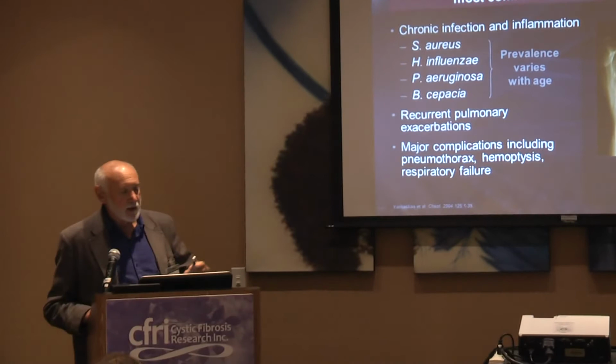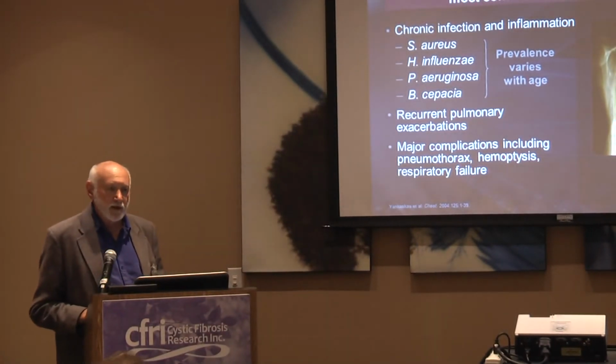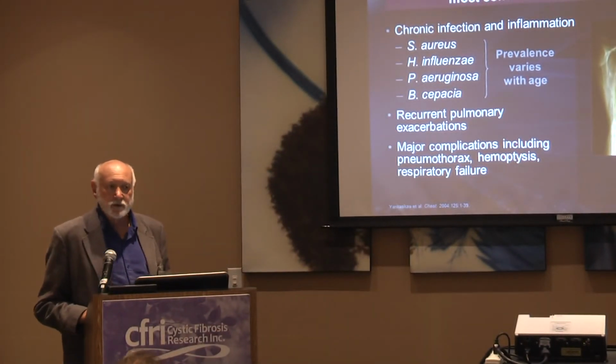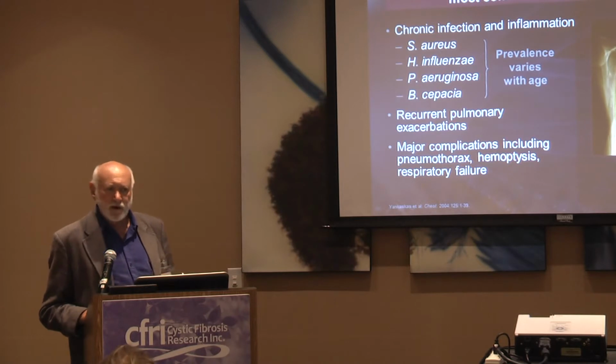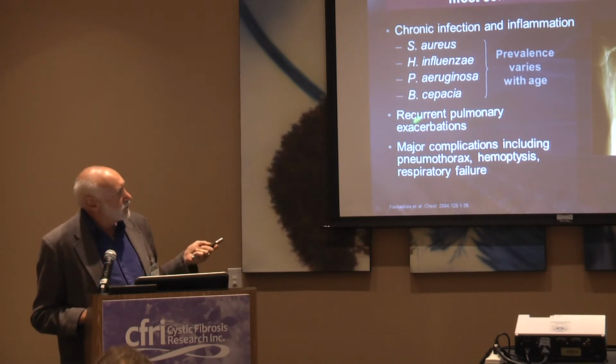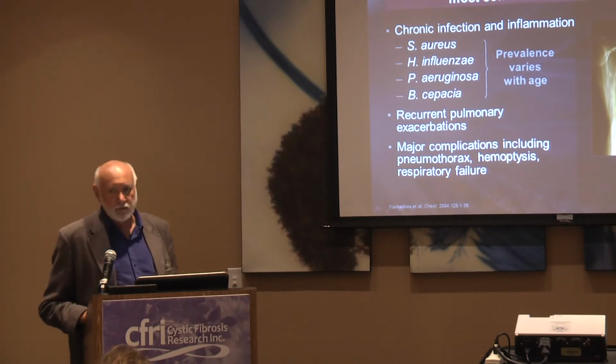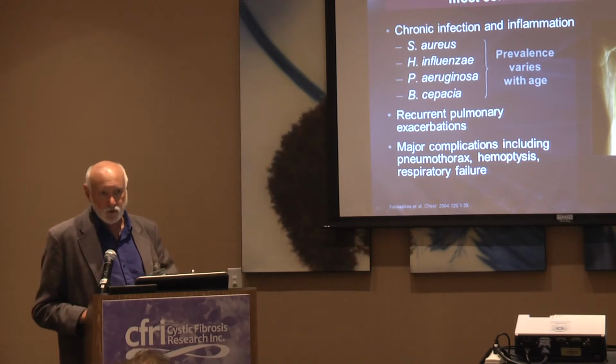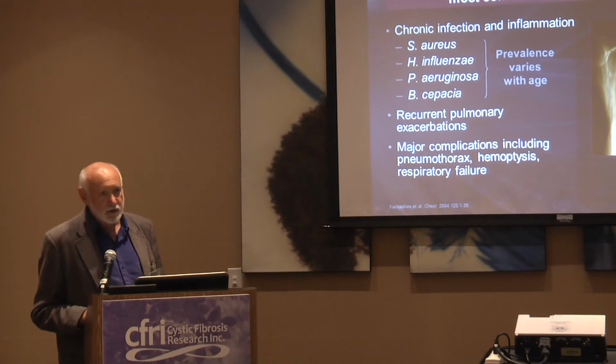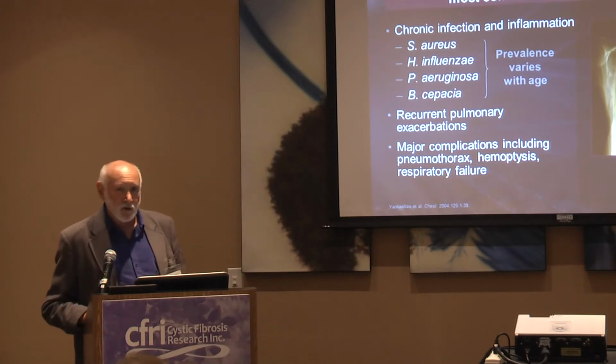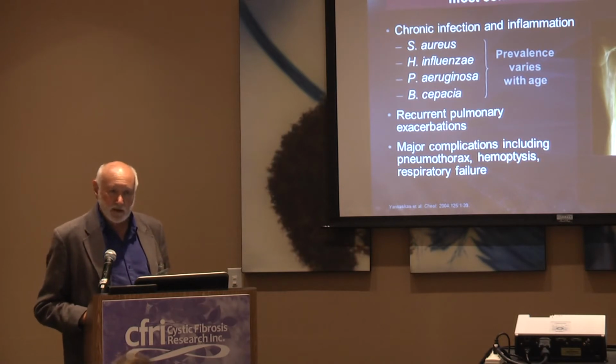People with CF can go along and be on an even keel for a number of days, weeks, months, or even years, and then suddenly get sick. And why are they getting sick? Well, we know that in about 30 or 40% of these, there's a viral infection going on at the same time that's probably disrupting the balance and causing an exacerbation, an illness episode. But that still leaves the majority of these episodes where we really don't understand exactly what's going on.